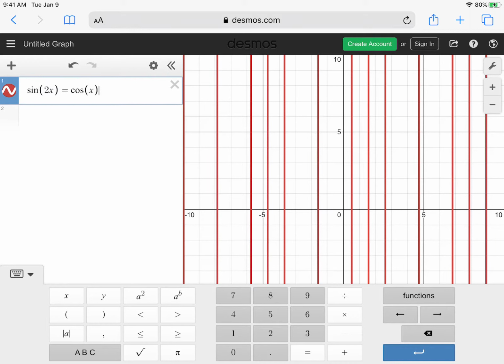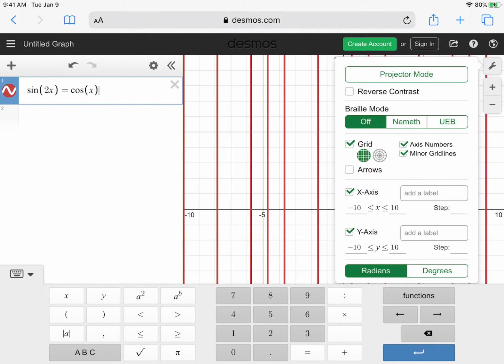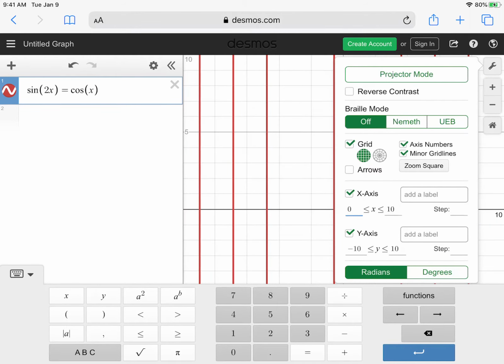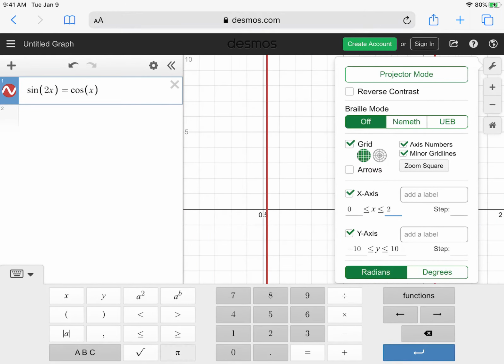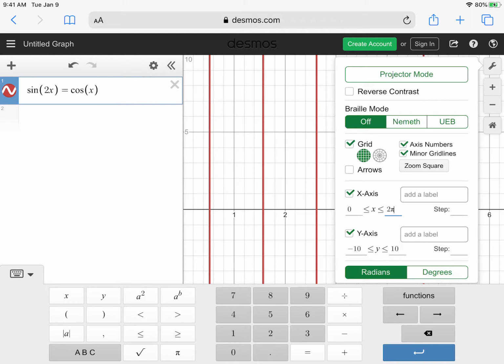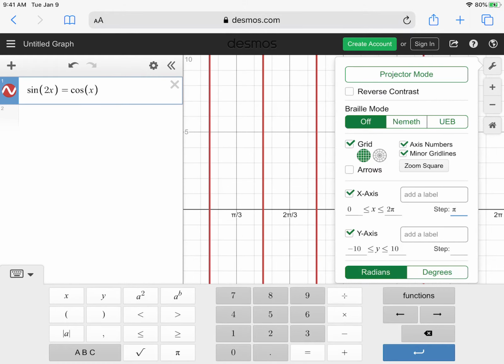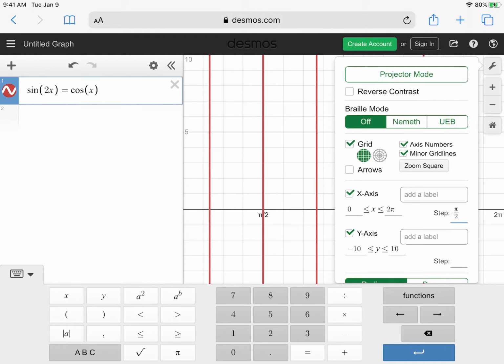Whoa, that's intense. So what you have to do is change your window. We only want it from 0 to 2 pi. Doesn't really matter our step, but to get you in good habits, pi divided by 2 is a good step.